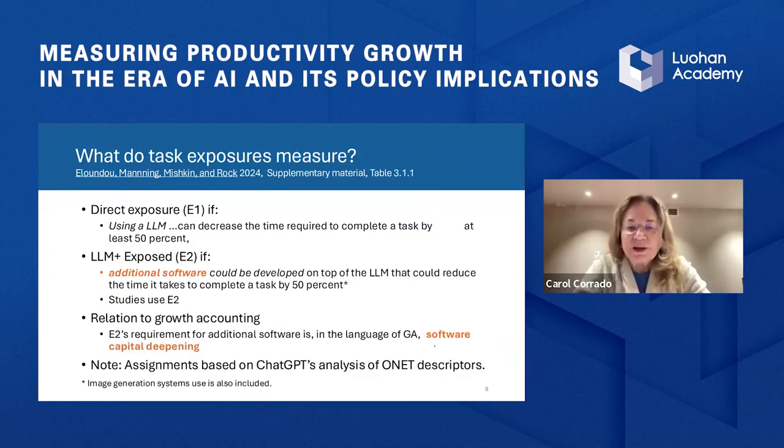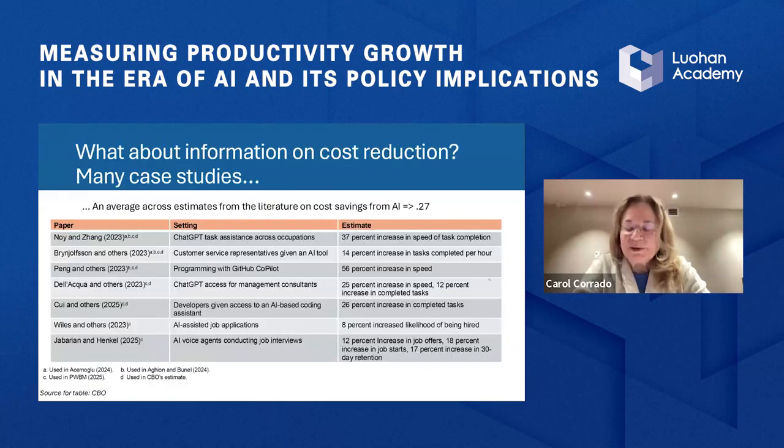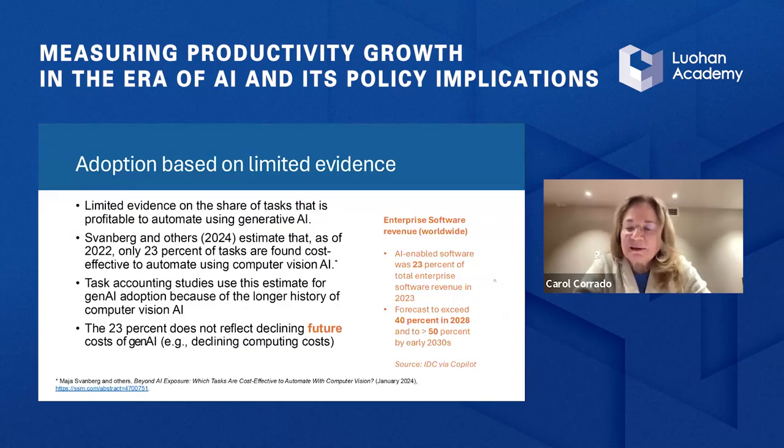And I have a little sidebar over here where I asked Copilot, hey, how much of enterprise software is AI-enabled software. And they told me 23%. So I guess it's not a bad number.